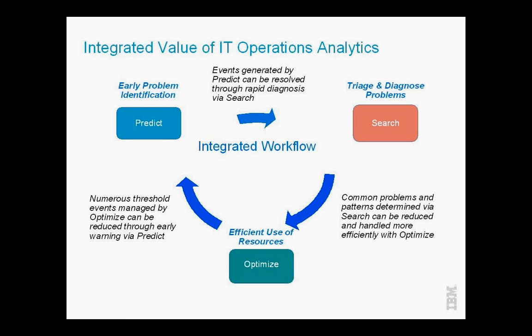Right? And likewise from optimized, the threshold events that are managed at the optimized tier can be reduced, and the amount of events coming through that tier can be reduced by early warning and early detection through predict. So again, we see these 3 tiers as being critical to how you attack IT Operations Analytics.